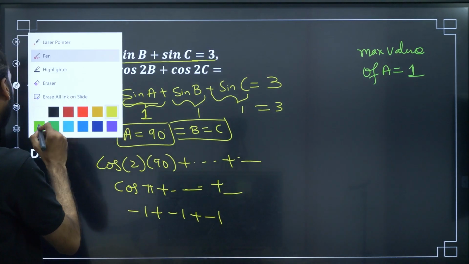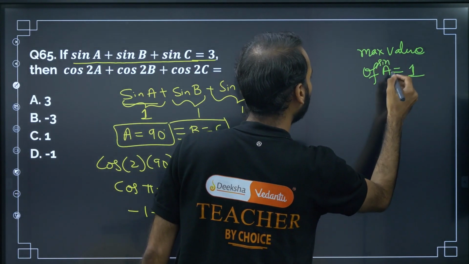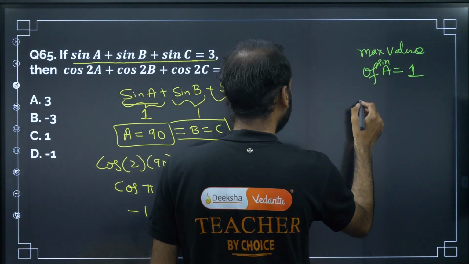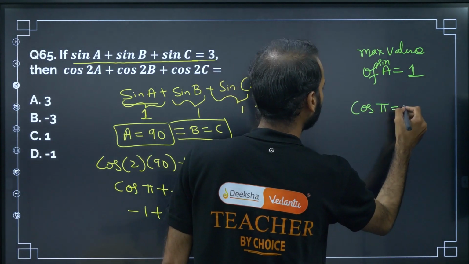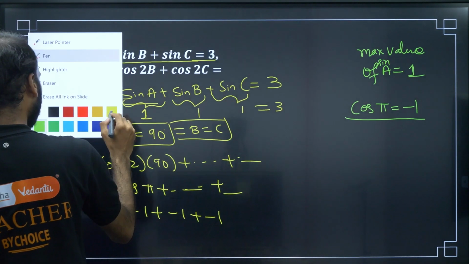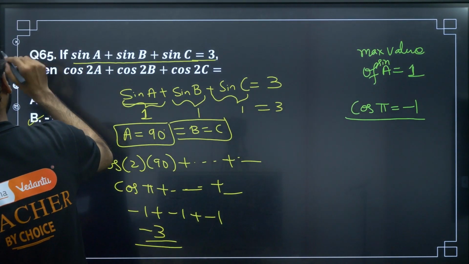So let me write one more point: the max value of sin A is 1, and also cos pi is minus 1. So this is minus 3. Is there any option with this? That is the answer. Moving on to next.